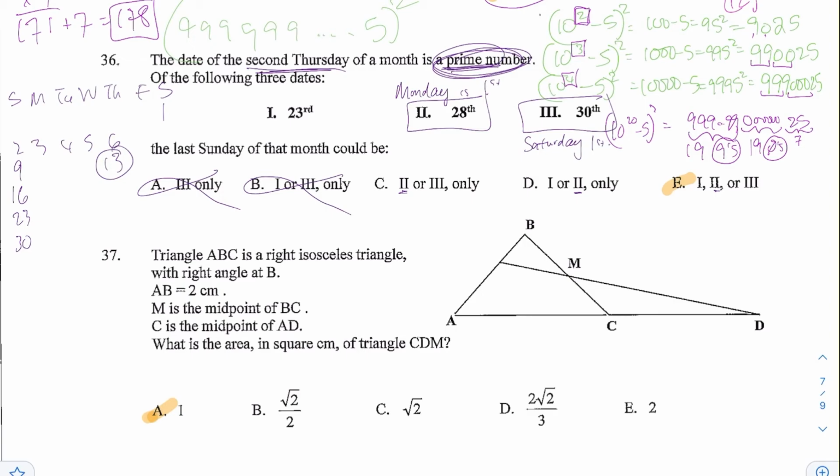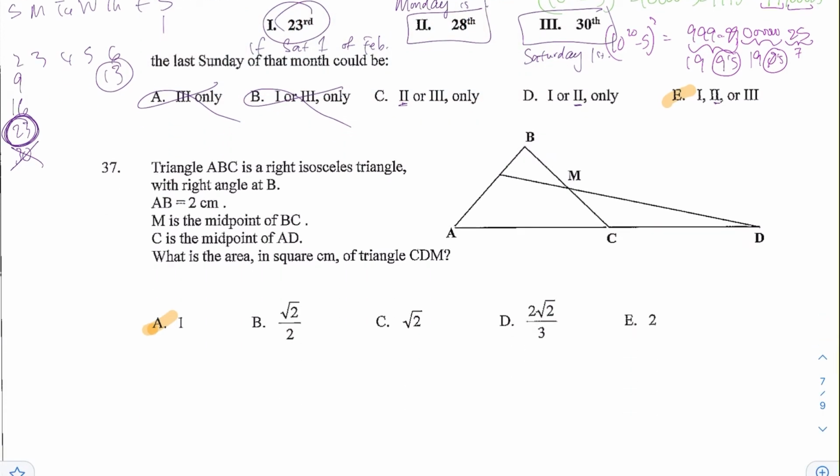Not all months have a 30th in it, so some months might have a 23 in it. So the 23rd could also be the last Saturday if Saturday is the 1st of February. Remember, not all months have 30 or 31 days. So the 23rd can actually be the last Sunday of the month.